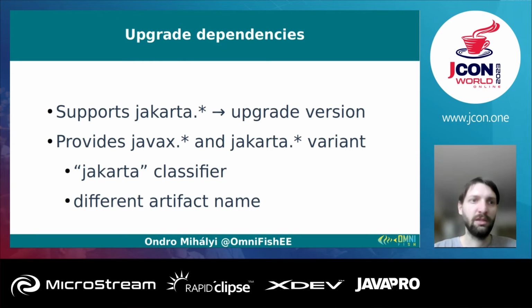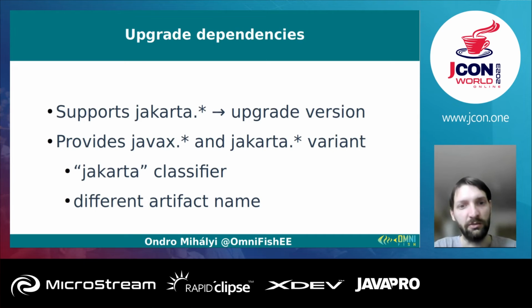If you want to upgrade dependencies, as I did with PrimeFaces, it's also not that straightforward, because some libraries just support Jakarta in their latest version, like Hibernate. If you just upgrade Hibernate version, it's directly using Jakarta EE, Jakarta prefix. Some, like PrimeFaces, provide two different variants, and you have to make sure that you use the correct one, either with the classifier Jakarta.